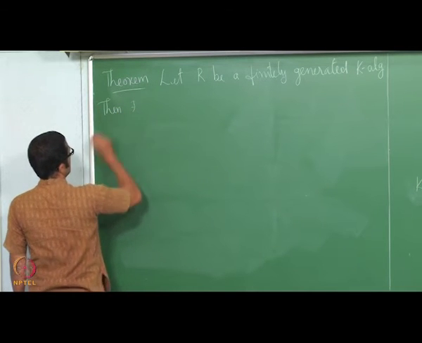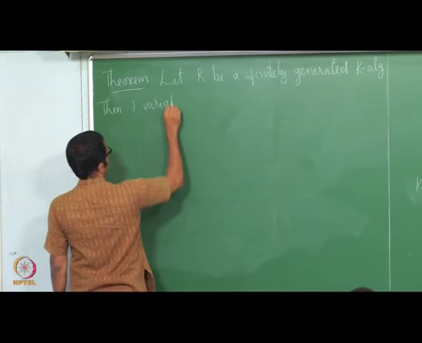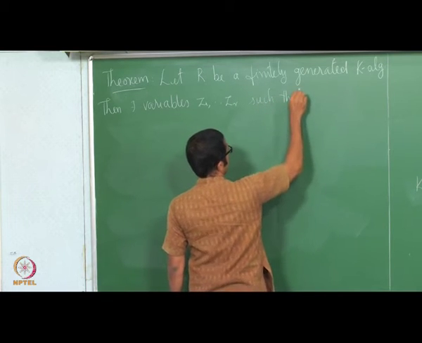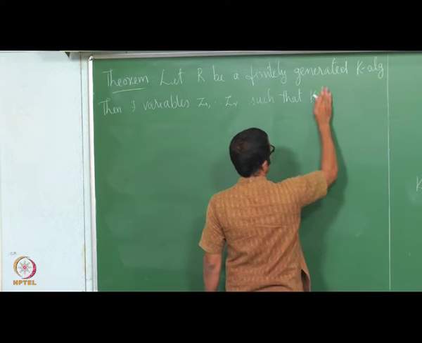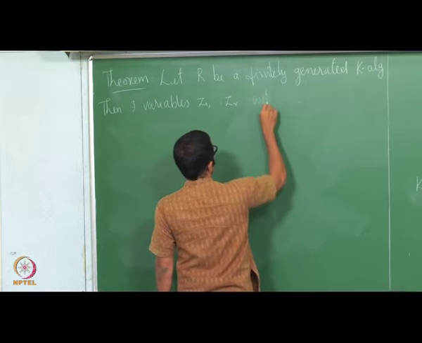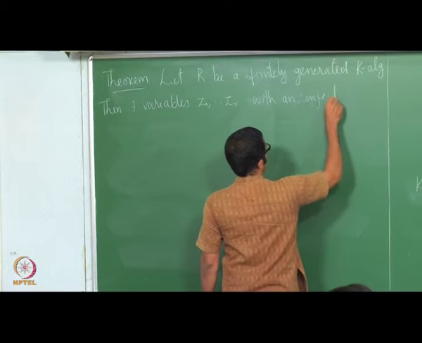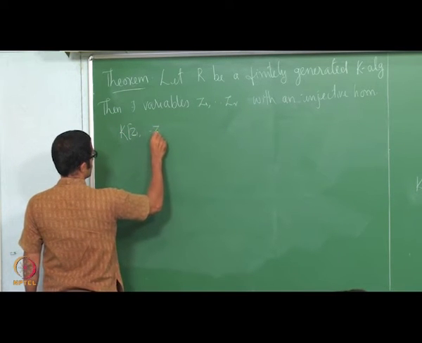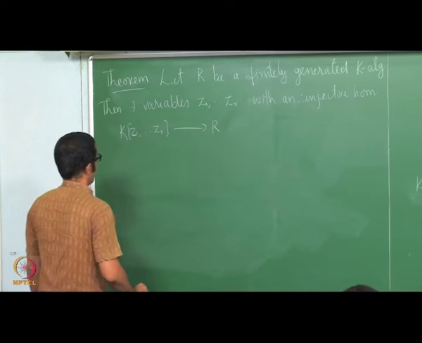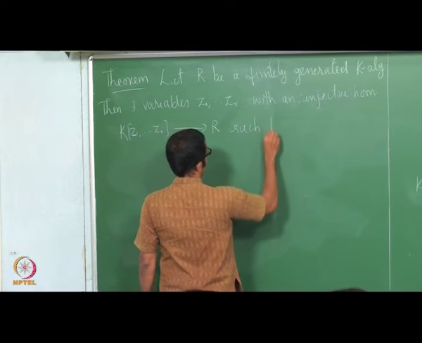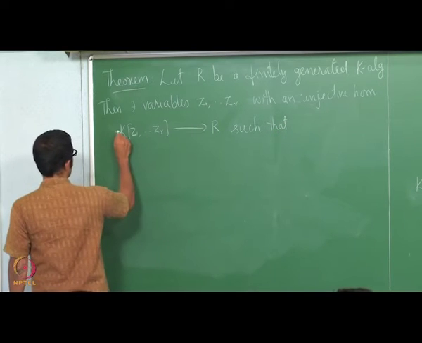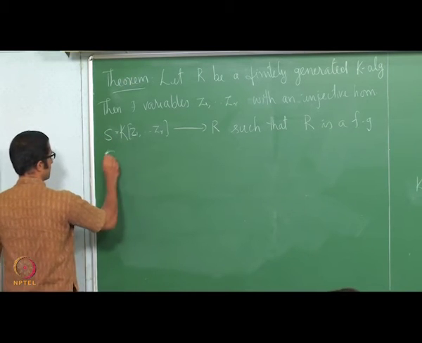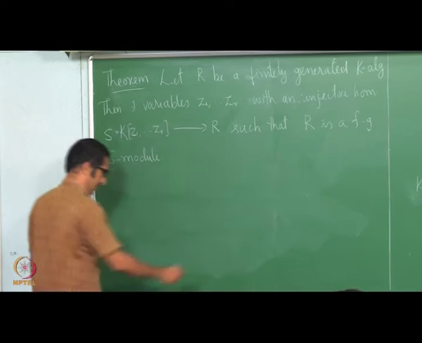Then there exist variables z1, z2 up to zr, with an injective homomorphism from k[z1 up to zr] to R, such that, let me call this S, R is a finitely generated S module.